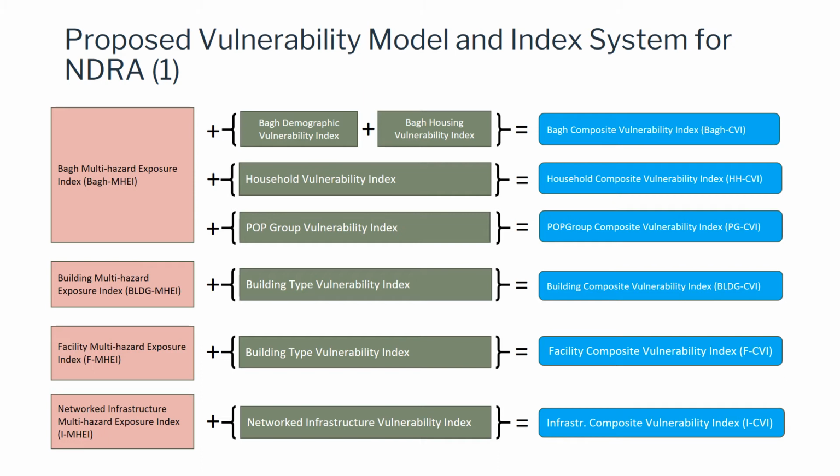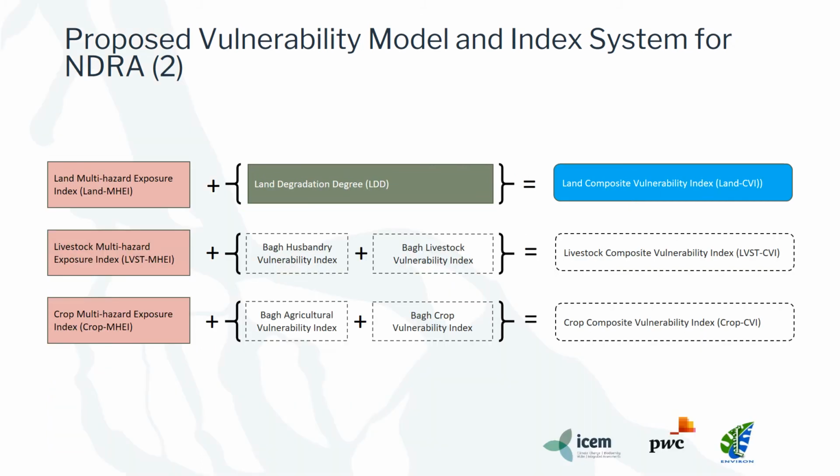Then the composite vulnerabilities indices: back CVI, household CVI, population group composite vulnerability index PG CVI, building CVI, facilities CVI, and infrastructure CVI. The land multi-hazard exposure index plus the land degradation degree gives the land composite vulnerabilities index.